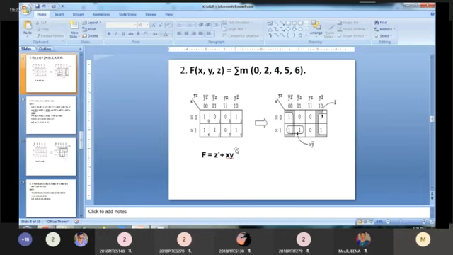Next one is sum of minterms M of 0, 2, 4, 5 and 6.